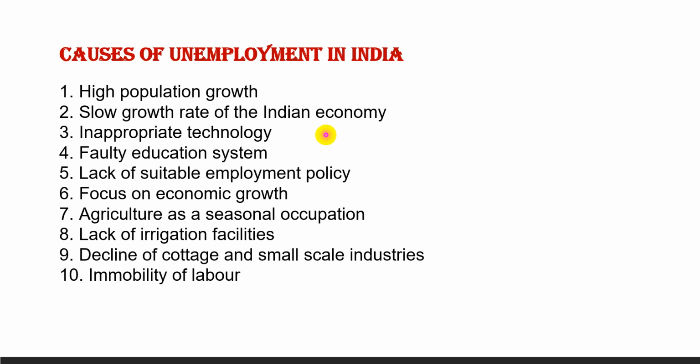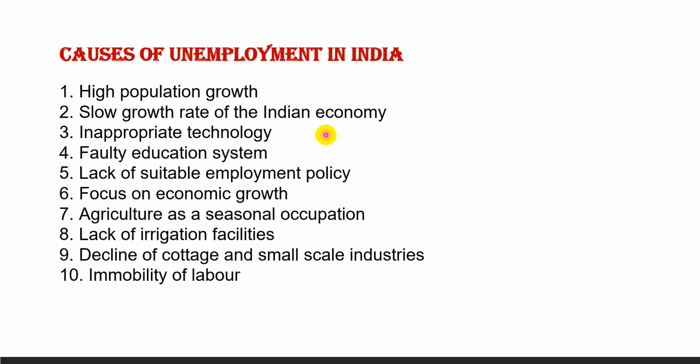The development of the industrial sector has been sluggish. The transformation of agriculture has been very slow. Therefore, the increase in employment opportunities has been less than the increase in the labor force. This has resulted in growing unemployment.